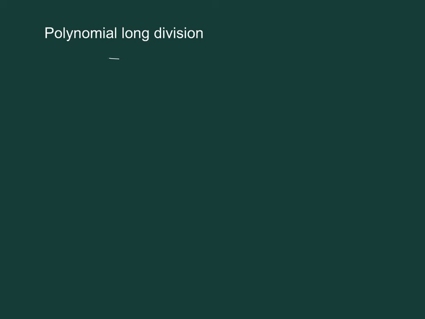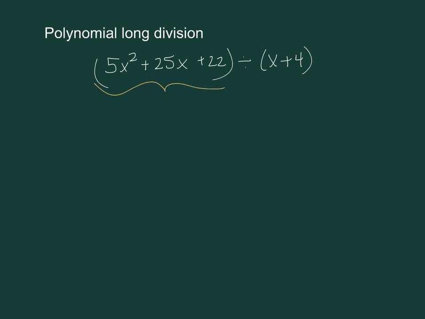So, let's see, we've got 5x squared plus 25x plus 22, and we want to divide this by x plus 4. Okay, some first rules of thumb here. First number is the dividend, okay, so it goes under the sign.